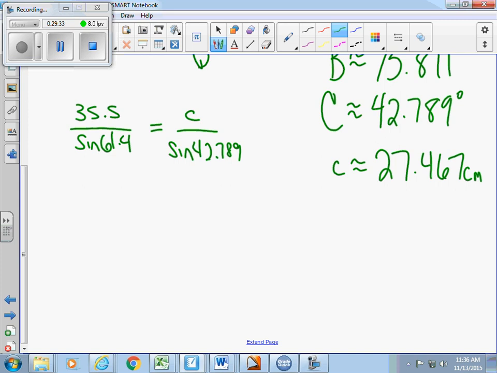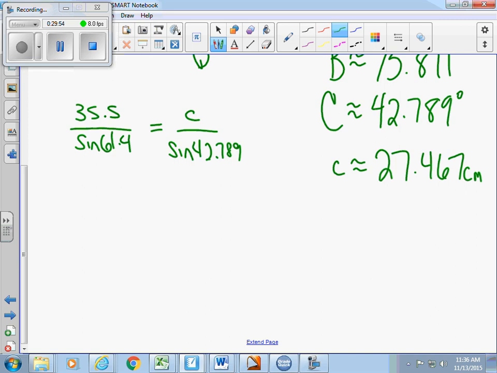Well, why not? Is sine inverse ever going to give you an obtuse angle? No, it's always going to give you an acute angle because it gives you angles between negative pi over 2 and pi over 2, or negative 90 to 90. So sine inverse isn't capable of giving you that obtuse angle. So this will always find the big one.